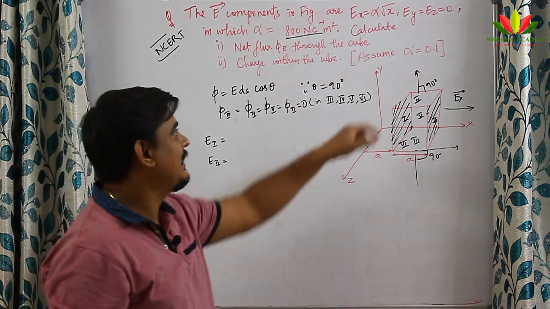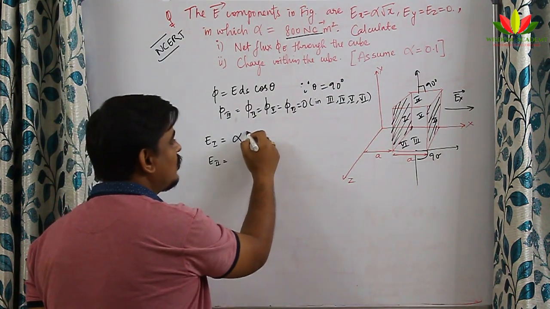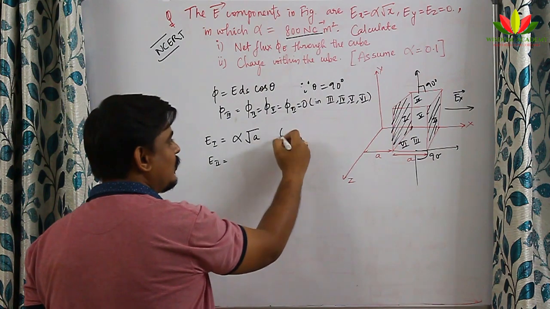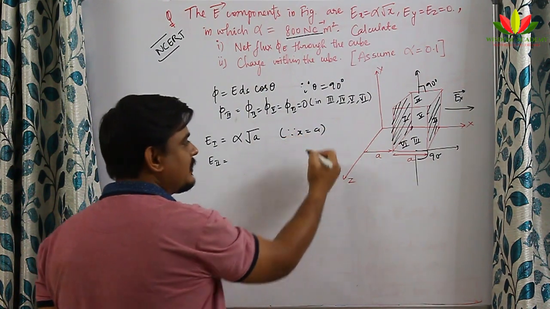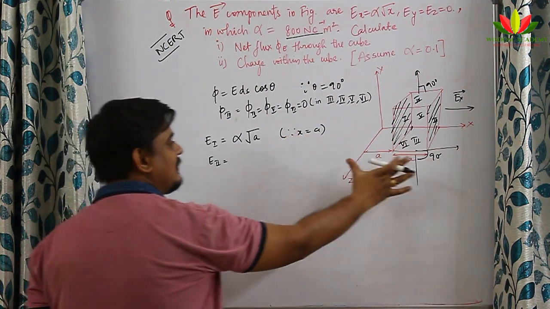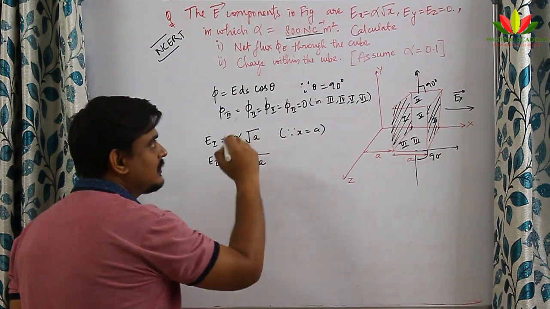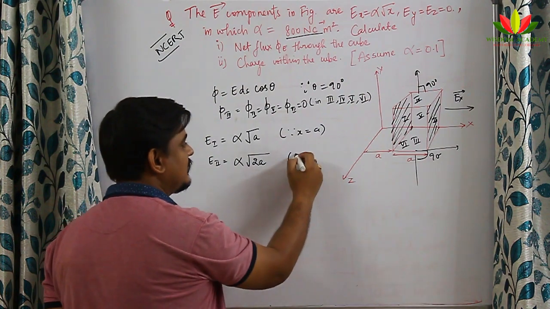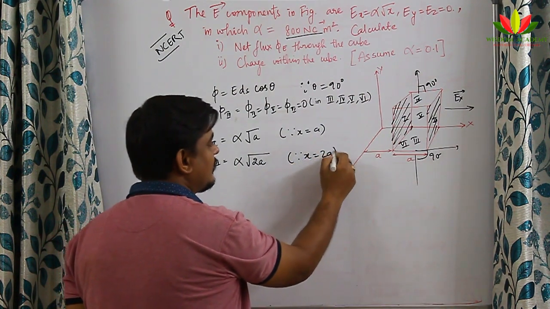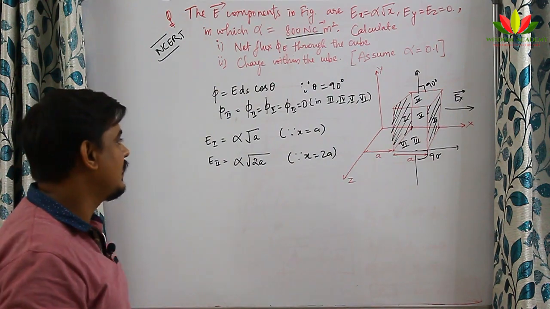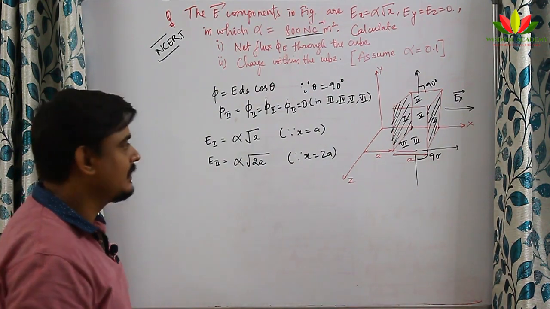For the first plane, the electric field will be alpha into root a. Why? Since x is equal to a at that point. Same way, what will it be at the second point? It will be alpha root over 2a, since x is 2a here. Then let us see what will be the value of phi.